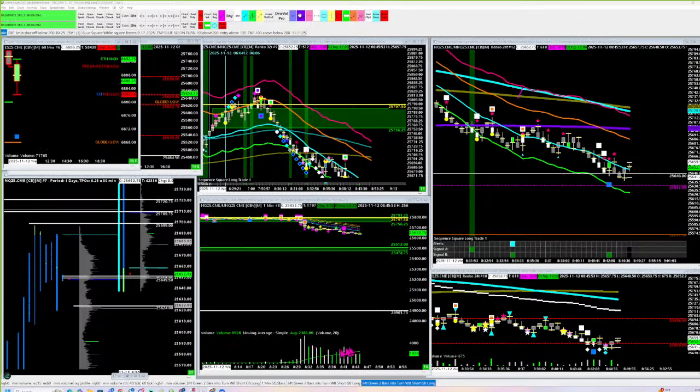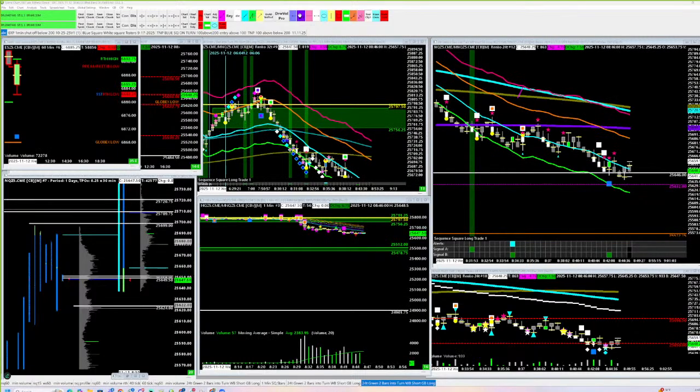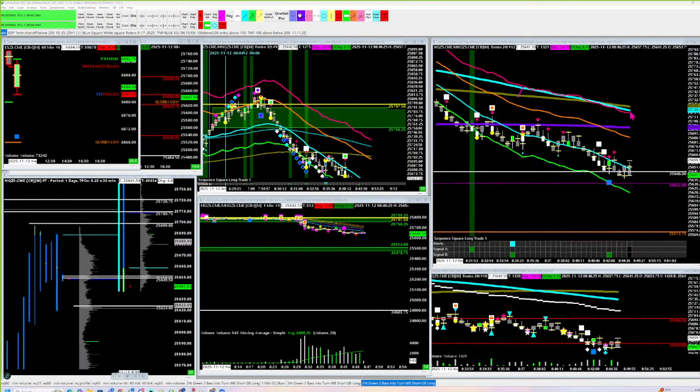Watch for an expression in the volume to come out. The 100 is below the 200. So the algo would not be looking for long trades here, right?